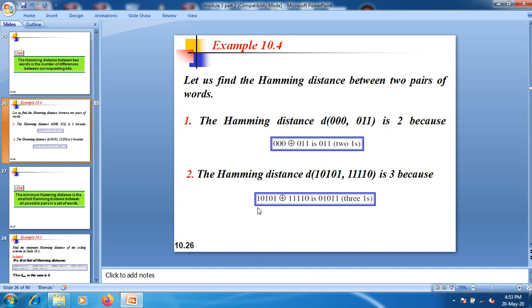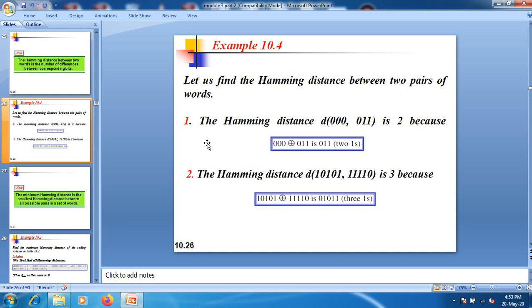In the same fashion, we compute the Hamming distance between these words here, and the distance is 3. If you perform a bitwise XOR operation, we get the result 0 1 0 1 1. If the bits are the same, the result becomes 0.